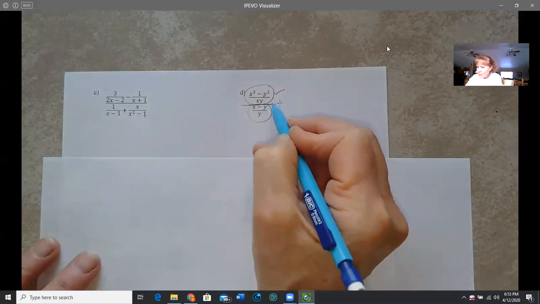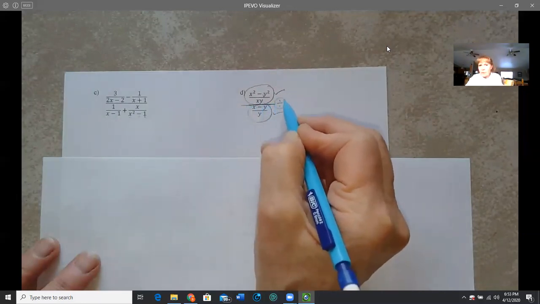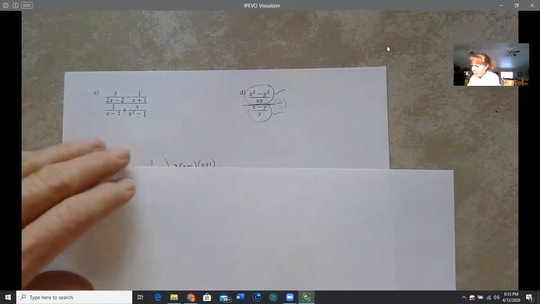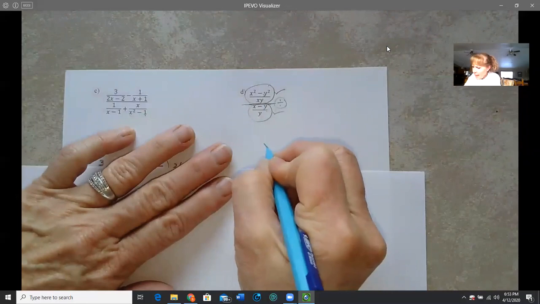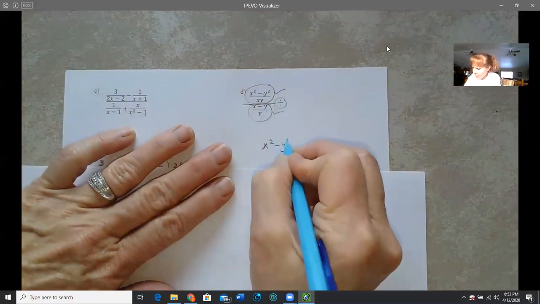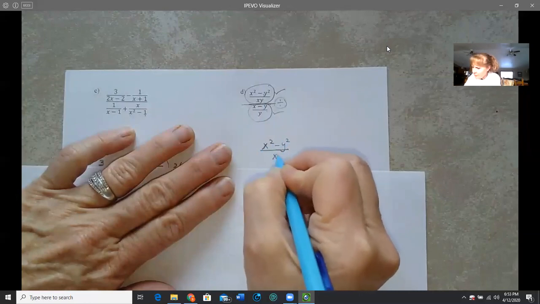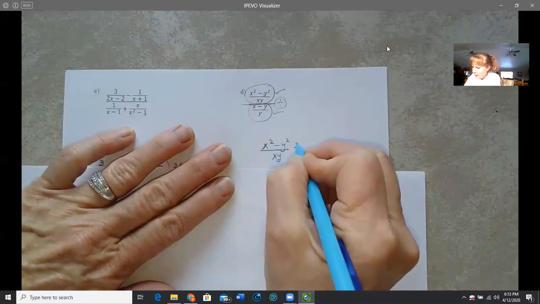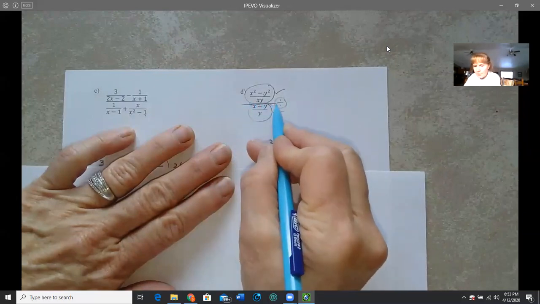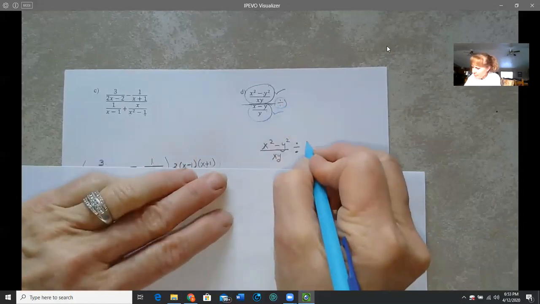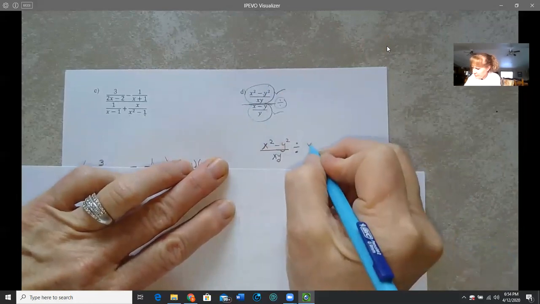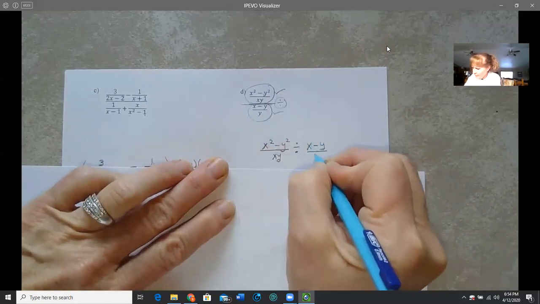So rather than write it with a bar, I'm going to use the division symbol. I can rewrite this as x squared minus y squared, the top fraction first, divided by, so instead of this fraction bar I'm going to use this symbol, divided by x minus y over y.